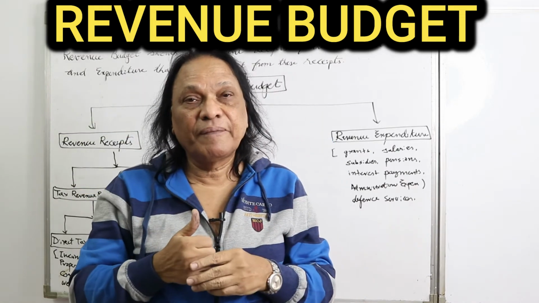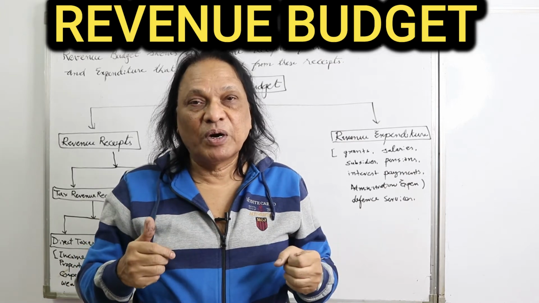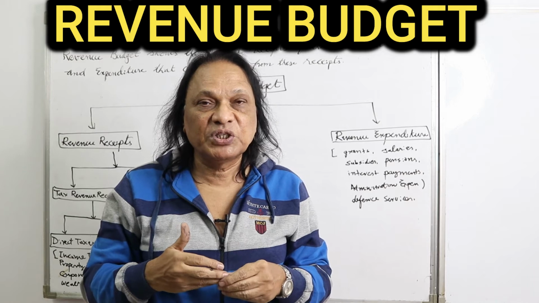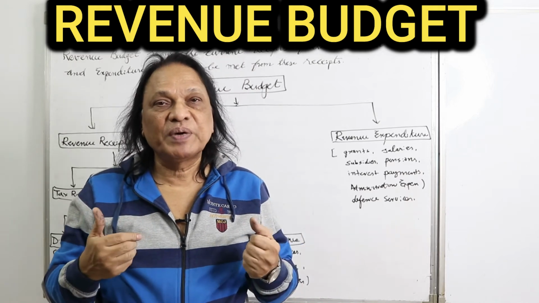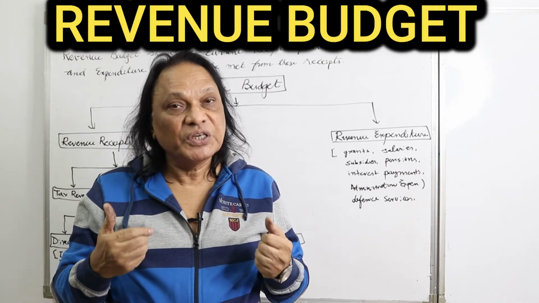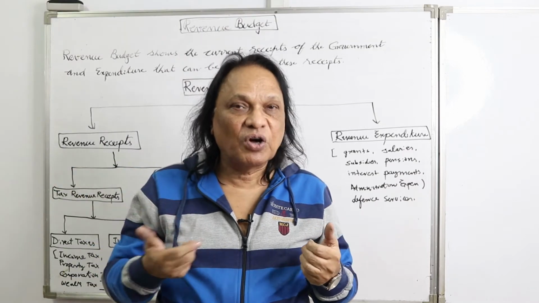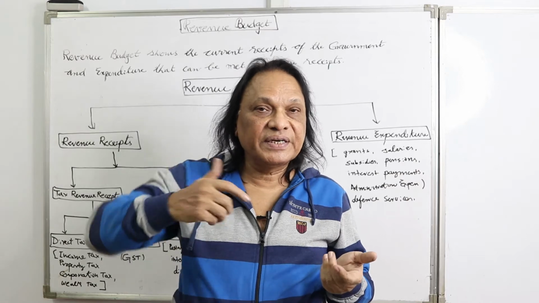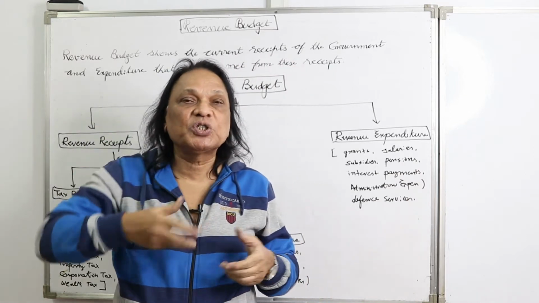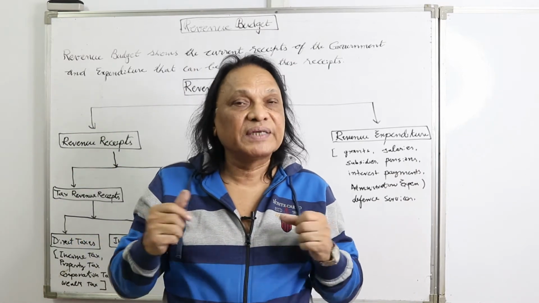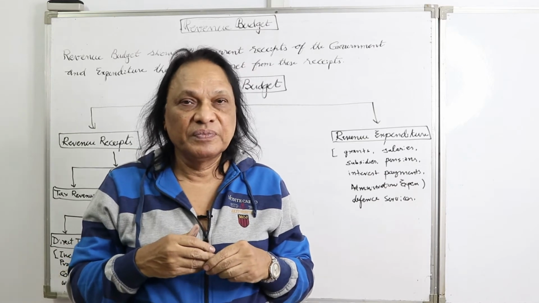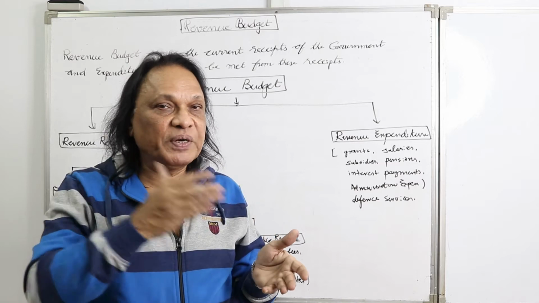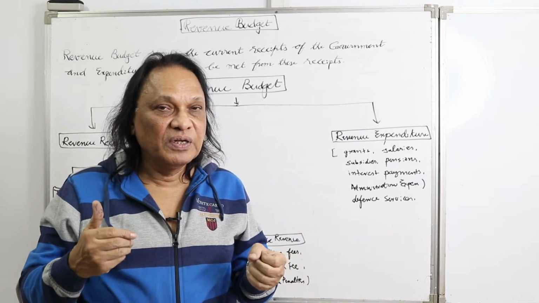Now today we will be discussing revenue budget. What exactly is revenue budget? It shows the current receipts of the government in terms of taxes and the current expenditure, how the expenditure is met with those receipts. That's the current receipts during this fiscal year from 1st April to 31st March of next year.